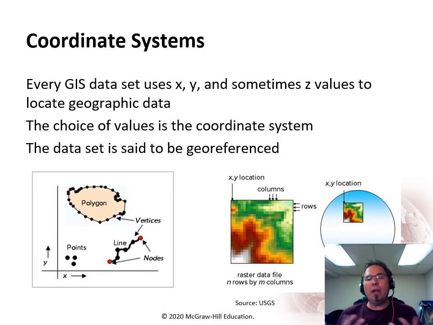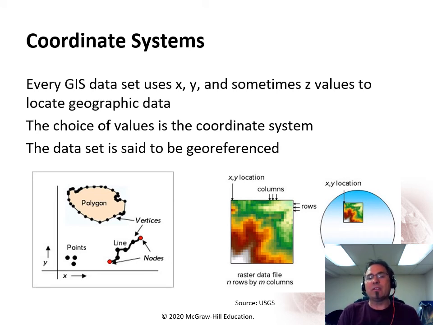All right, so we live on this blue planet called Earth, right? And so the program needs to understand where on Earth the data that you have sits. In the background, the data has the XY coordinate system, sometimes the Z as well, to locate whether it be vector or raster data somewhere on Earth.